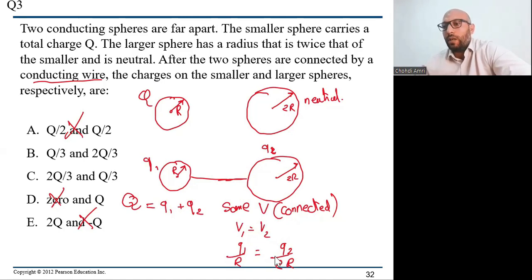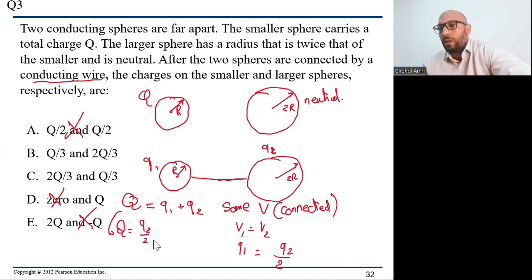Then we will cancel also this R. So there is a relationship between Q1 and Q2. We can write capital Q is Q1, and Q1 is Q2 over 2, plus Q2. So capital Q will be 3 over 2 Q2.